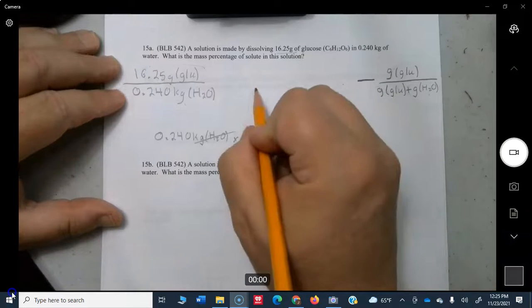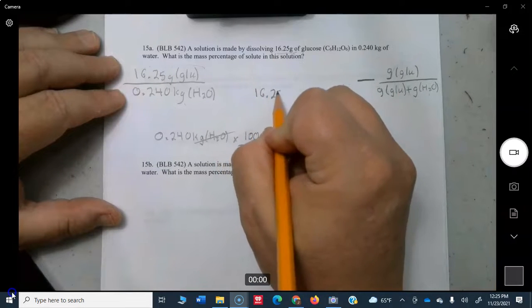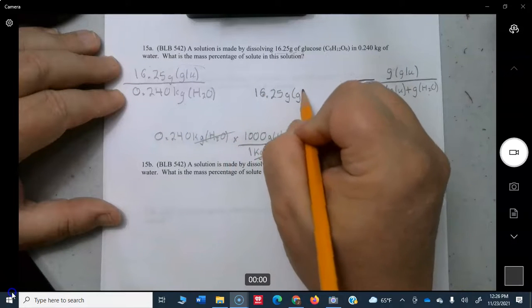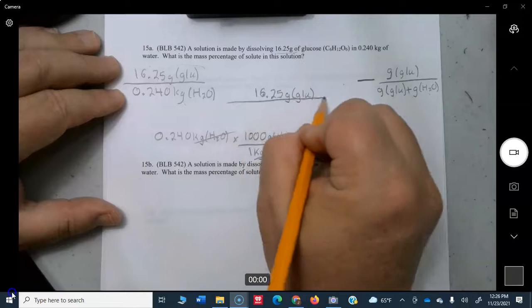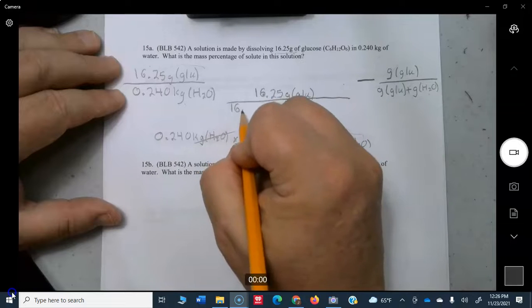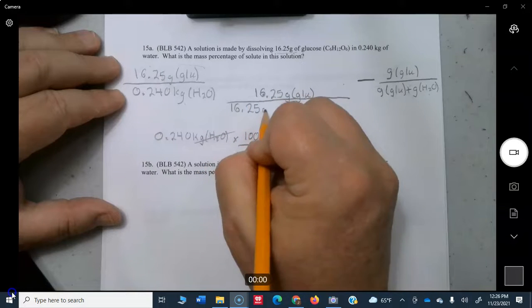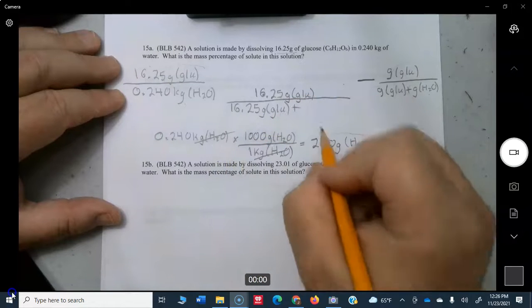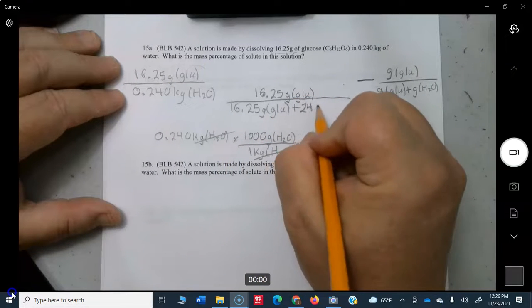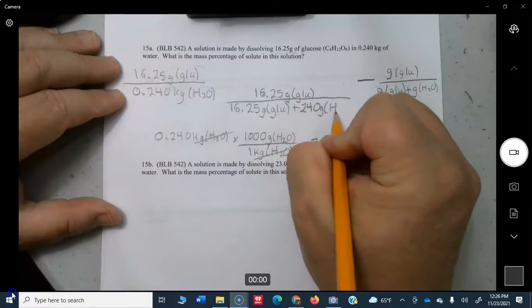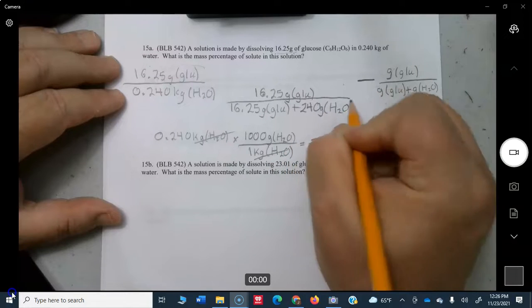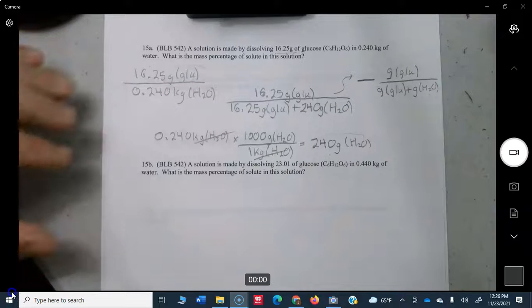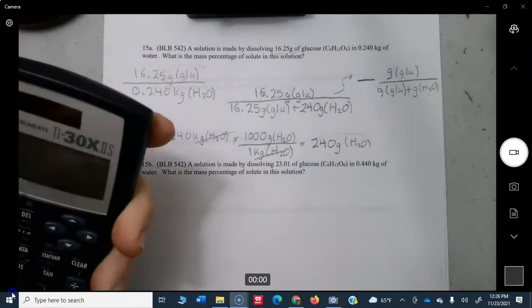So grams of glucose over, again, plus this. Okay, and when we do all that, we'll put that number right here, so it's 16.25.